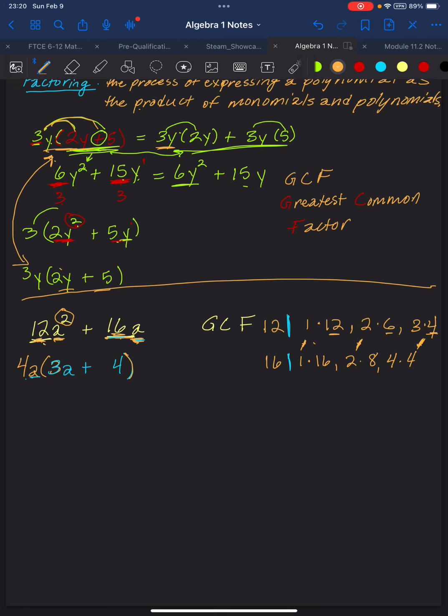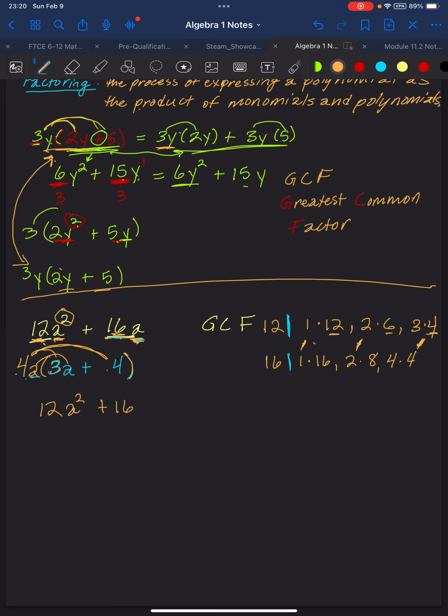Now, to make sure that we're right, let's distribute everything back in. 4 times 3 is 12. And remember, a times a is going to be a squared. Now we go to the next term. 4 times 4 is 16. And remember, this is a positive 4, so I'm going to have a positive 16.